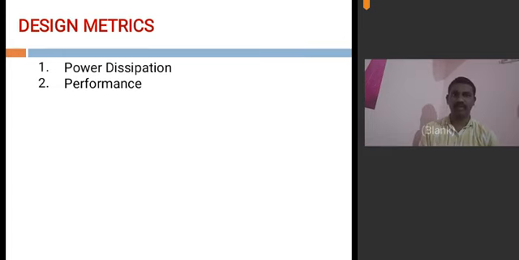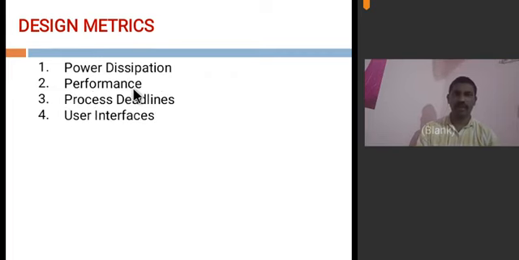And if you capture a 4 megapixel image from the camera in 0.5 seconds, it shows the camera performance. The performance depends upon the instruction execution time.